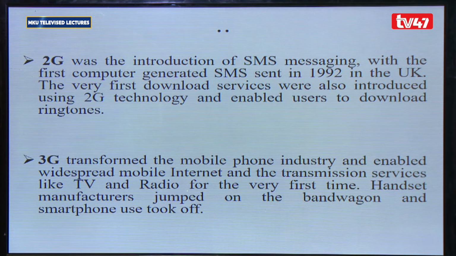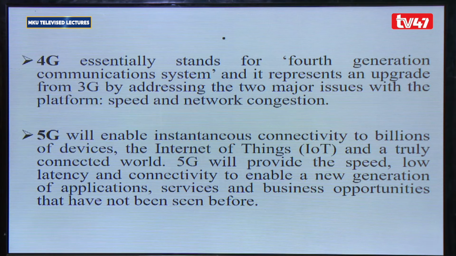And that brought about the 3G network. The 3G network transformed the mobile phone industry and enabled mobile internet and transmission services like TV, radio, and also the internet, and download speeds improved. And that brought about the smartphone. That was the start of smartphones.